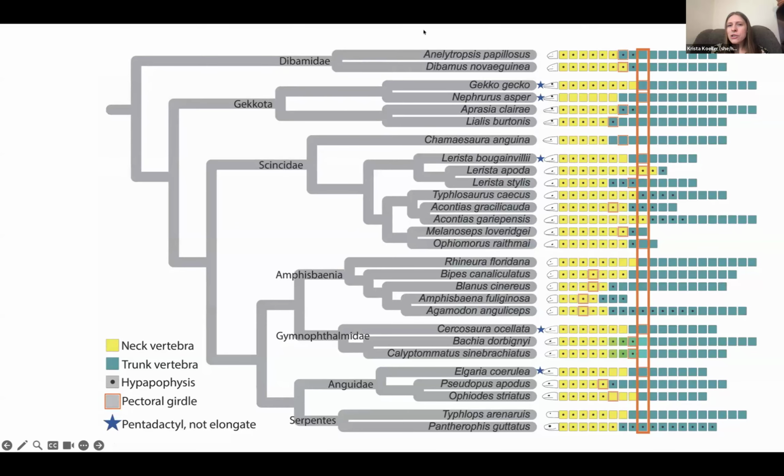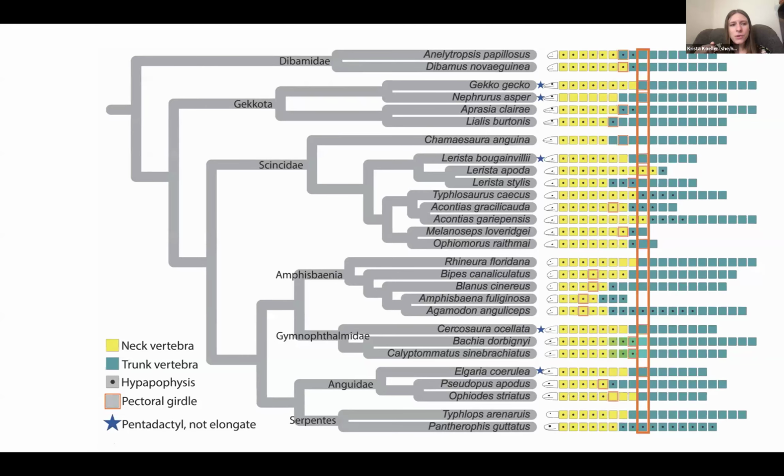Another interesting thing is looking at the position of the shoulder girdle. I've marked in orange here, the big orange rectangle is where the position of the shoulder girdle is in the pentadactyl specimens. And if you look to the right, towards the trunk, there's basically, in the non-starred specimens, very little there.